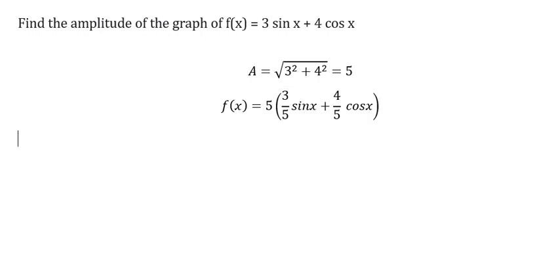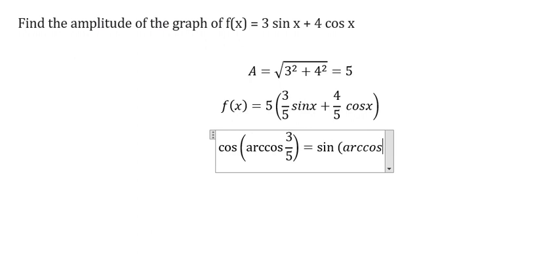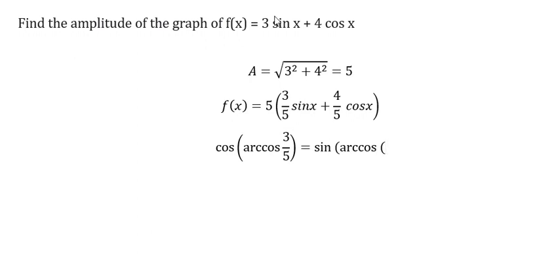Next, we know that we can use about cosine of number 3 over number 5, and this one they will equal to sine of cosine, this one we have 3 over 5.